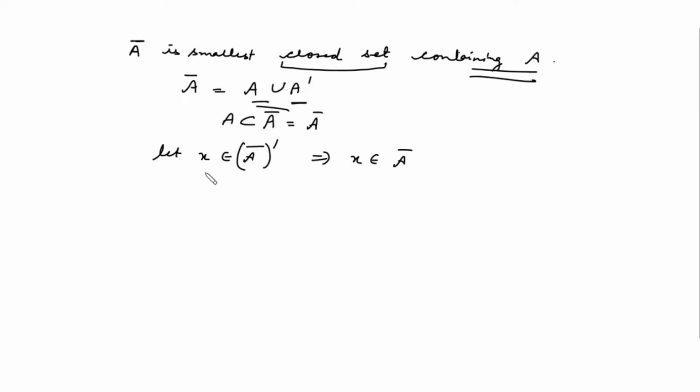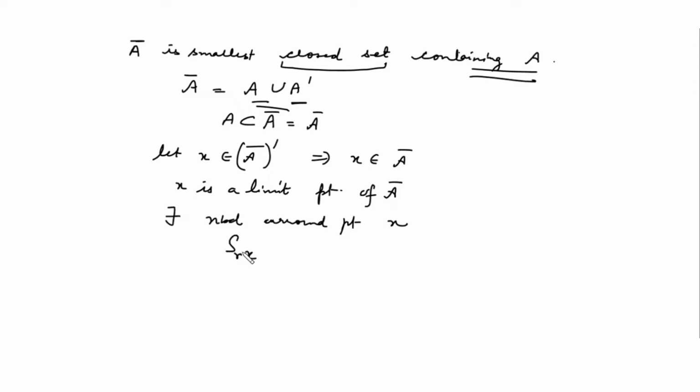There are two possibilities. If you are saying X is a limit point of A closure, it means there exists a neighborhood around the point X whose intersection with A closure is non-empty. So let's suppose I'm taking S_r(X) as a neighborhood, an open sphere around the point X. Its deleted neighborhood intersected with A closure will be non-empty.